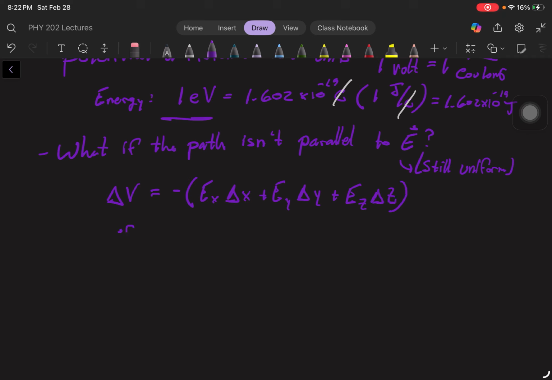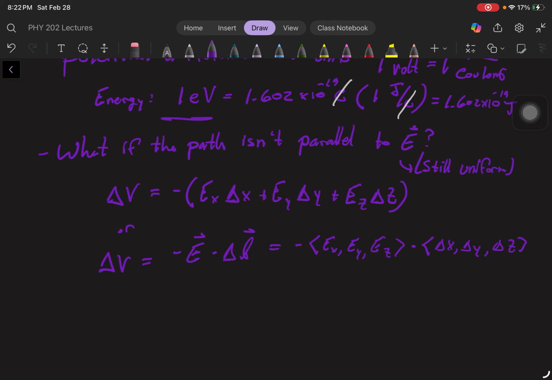Or you could say delta V is equal to the negative E dot delta L, which we could rewrite in some kind of vector notation as E sub x, E sub y, E sub z, dot that with delta x, delta y, and delta z.